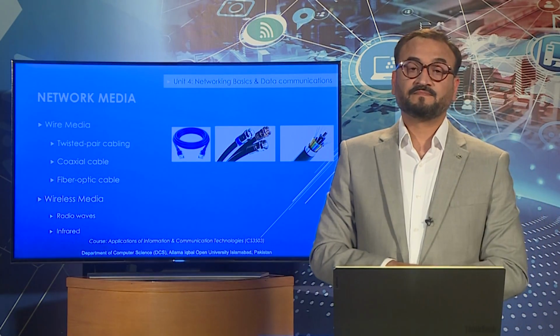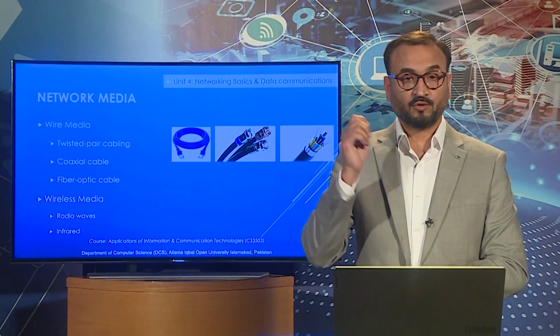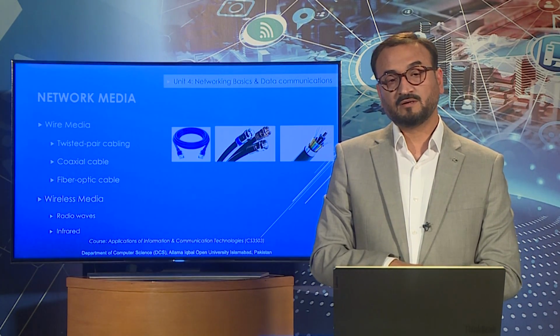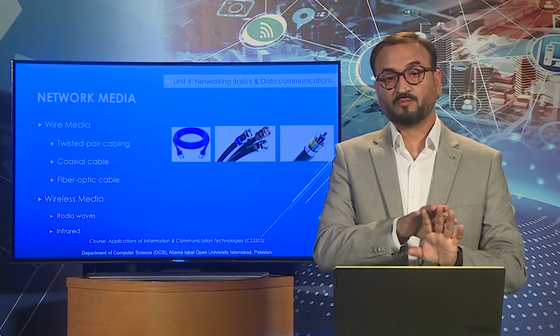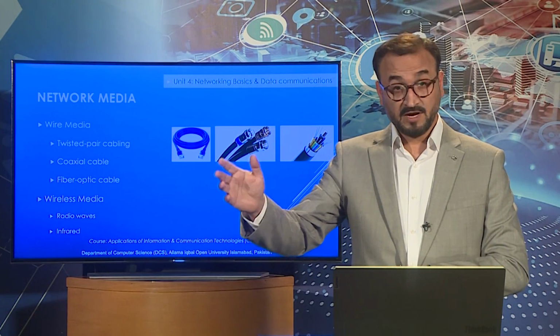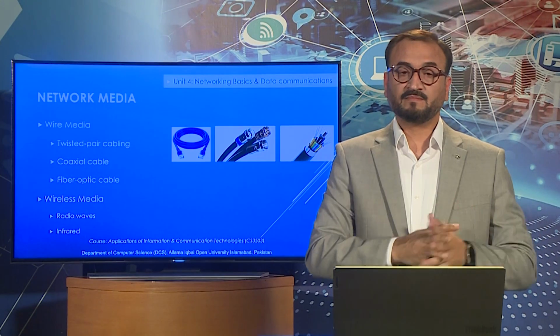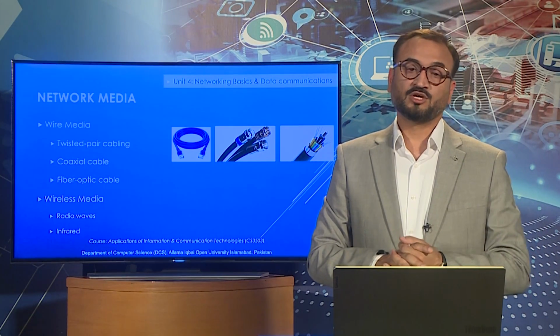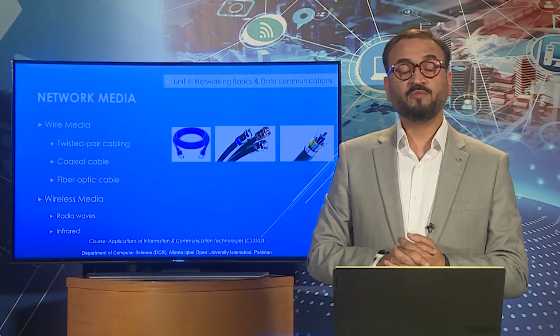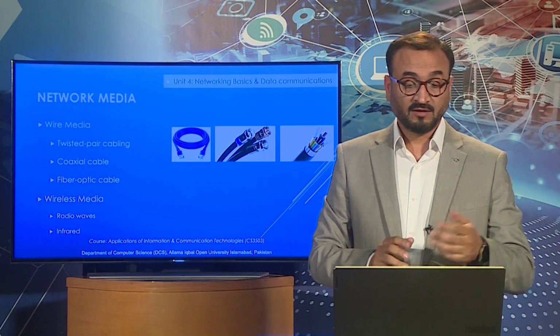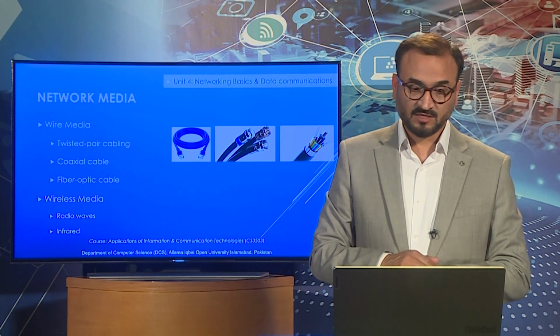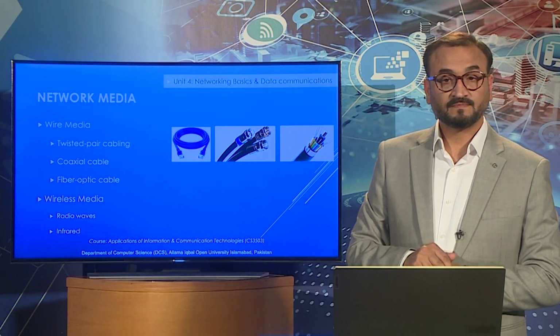Network media, the fifth component that we studied today, that there are 5 components: sender, receiver, medium, data, and the protocols. So medium is another essential component. The media could be wired or wireless. In wired, we have different choices. For example, twisted pair cable.